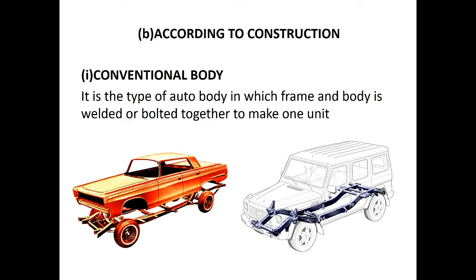Looking into the pictures, you can easily see the structure of the frame. Here this is a conventional frame which is bolted to the car body and to the loader body.